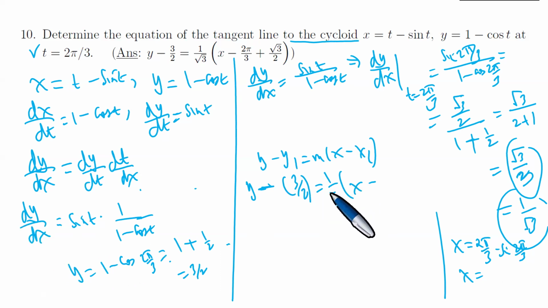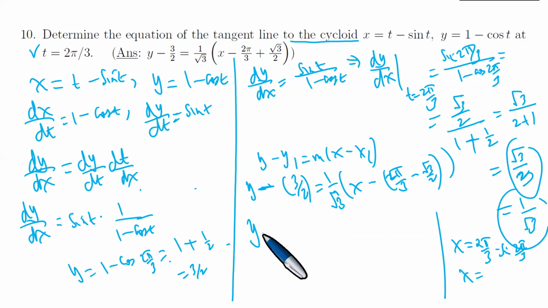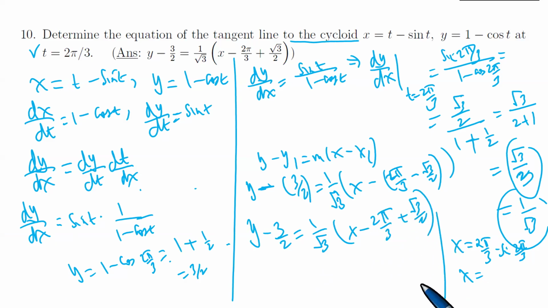So you have the square root of 3 minus x1, where x1 is 2 pi over 3 minus the sine of 120, which is the square root of 3 over 2. So the equation of the tangent line to the cycloid is y minus 3 over 2 equals 1 over the square root of 3 times x minus 2 pi over 3 plus the square root of 3 over 2.